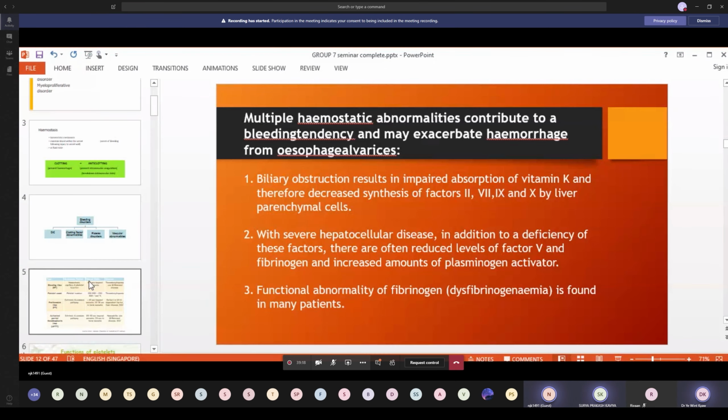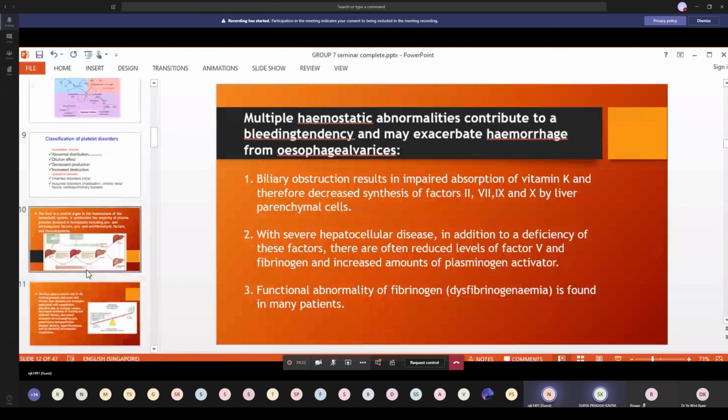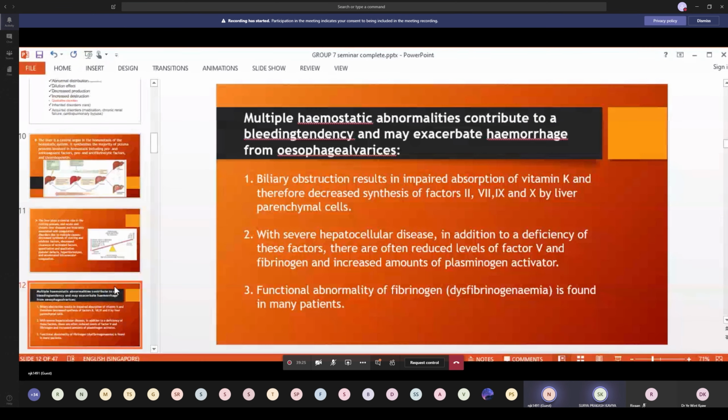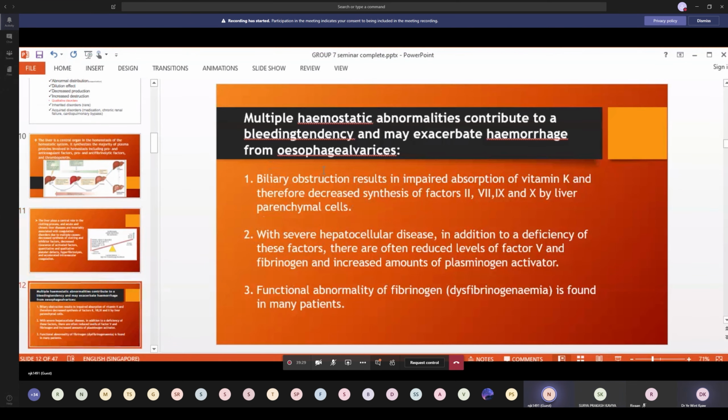Further to that, how can these factors be destructive?